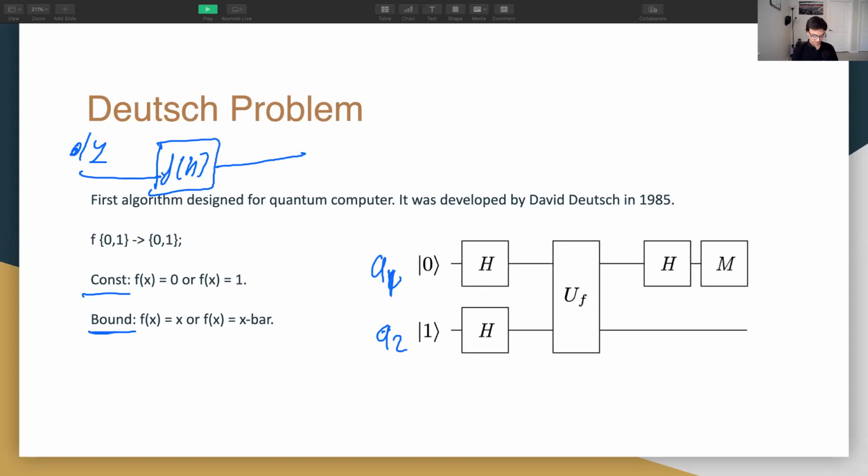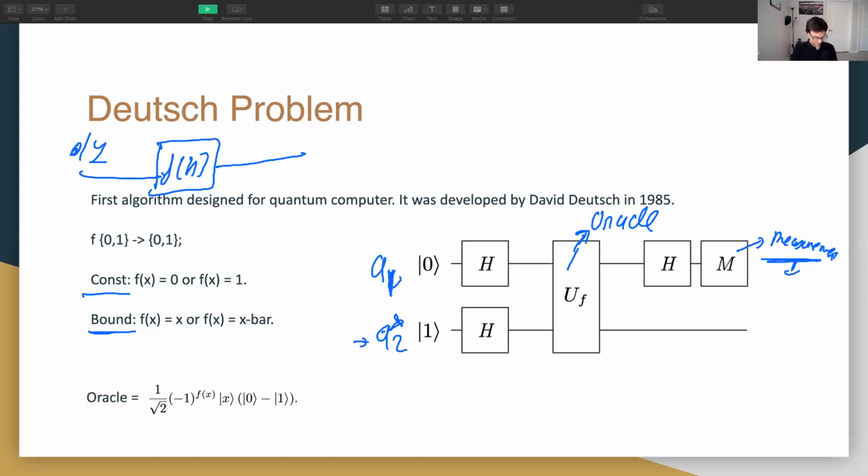Now we are doing the Hadamard transform on both, and then we are implementing our logic of U_f, which is also known as the oracle. Then we are doing the Hadamard transform on the qubit that we want to analyze, and finally we are doing the measurement, which will collapse the states and give us one output.